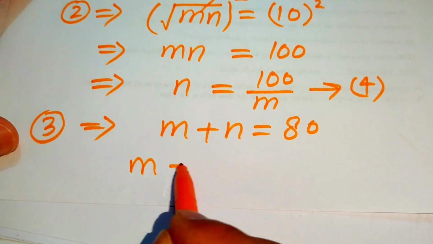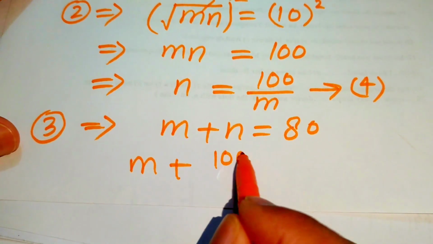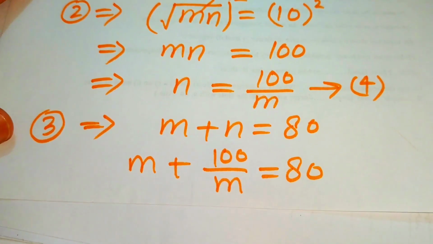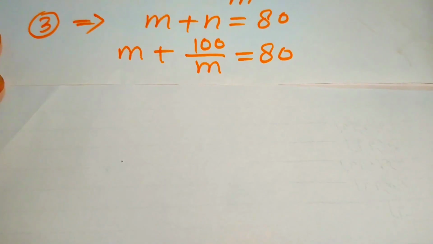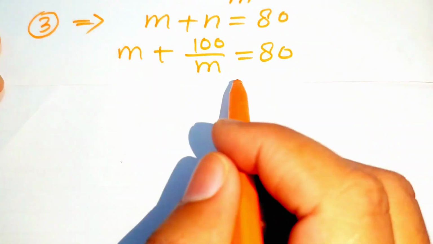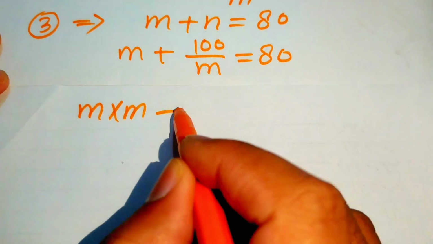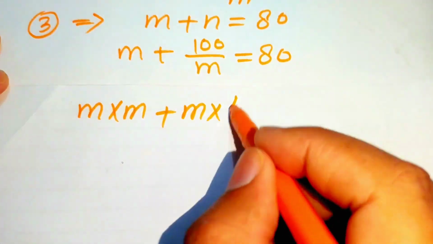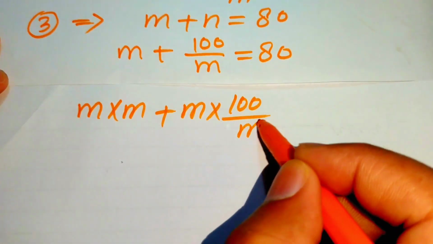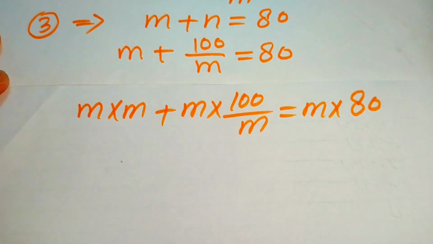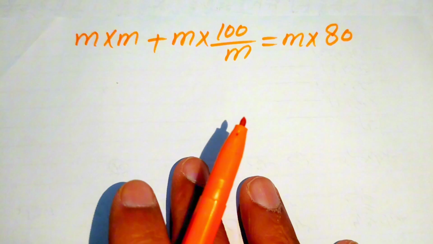Now we put the value of n here, and it becomes m plus 100 over m equals 80. In the next step we multiply both sides by m, and it becomes m times m plus m times 100 over m equals m times 80. Now we need simplification of this term.